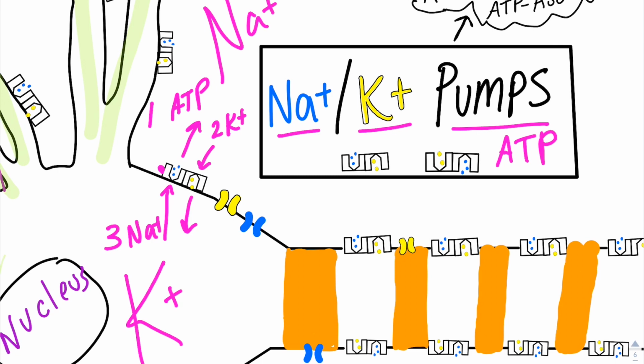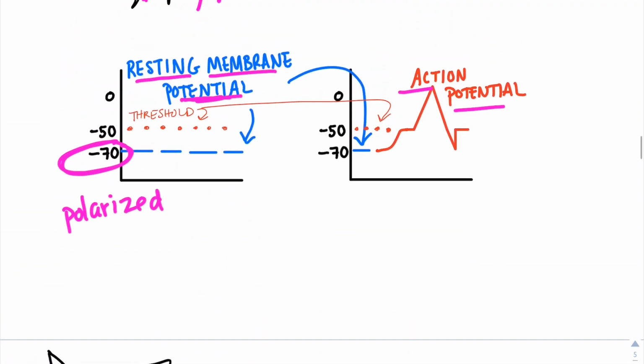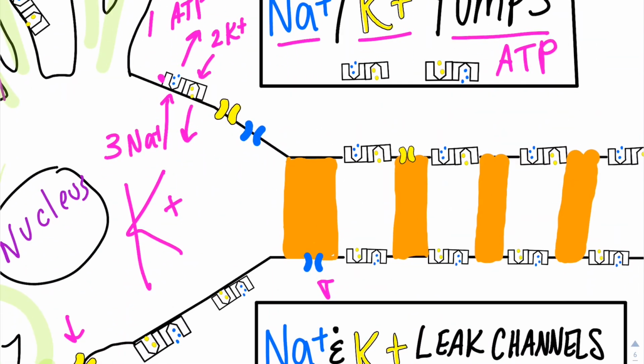That's a good thing, because as this happens, you're getting to that point where you're achieving your resting membrane potential of about -70. You're going to get that negative charge just inside the edge of the cell, and you're going to get your positive charge just outside. And that would be great because it's going to achieve that position that it needs to be in, being ready and being in a state of readiness for that action potential to occur.